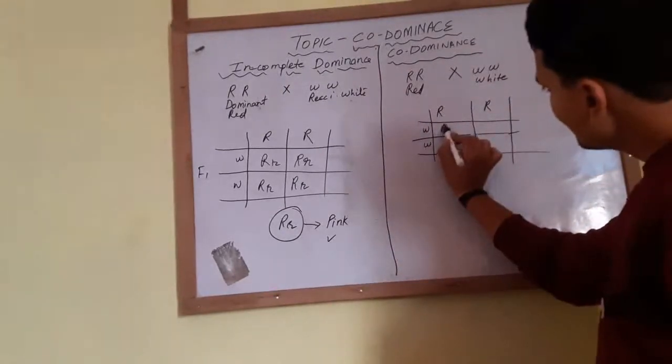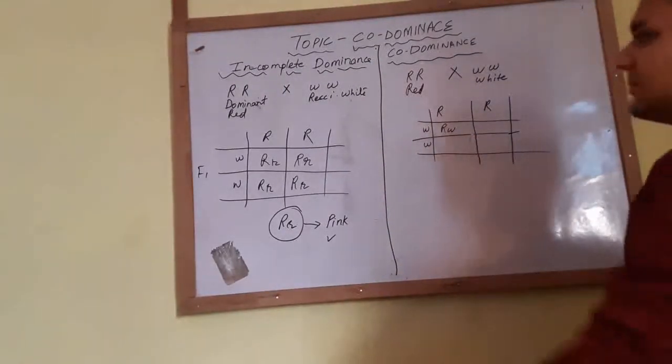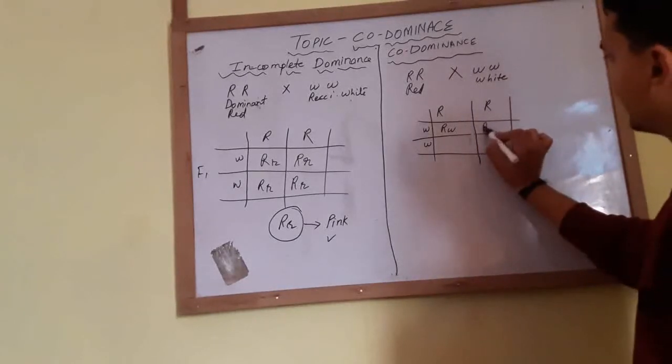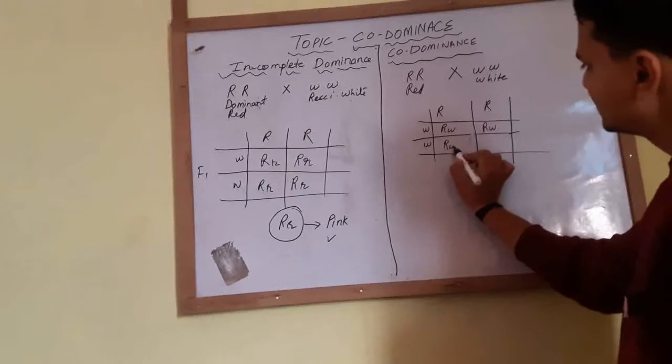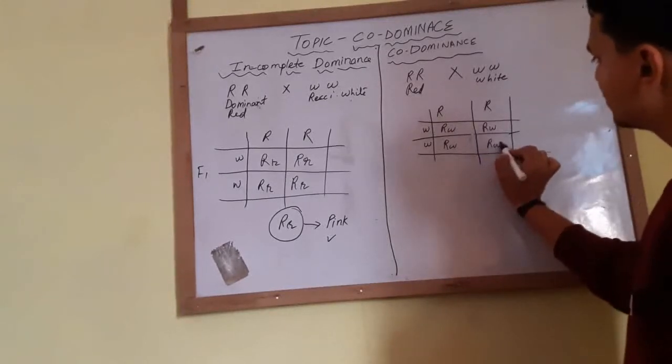So a heterozygous organism is formed again, again a heterozygous organism formed, again a heterozygous organism, and the fourth one will also be heterozygous.